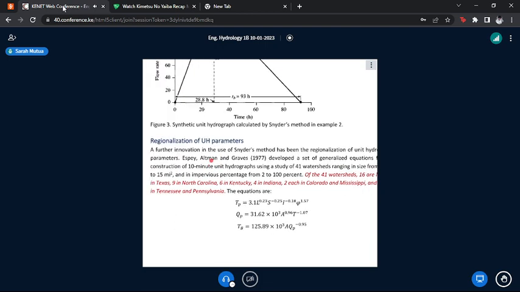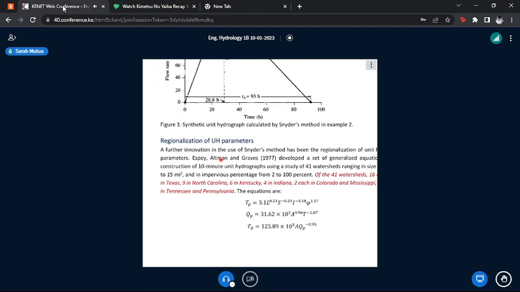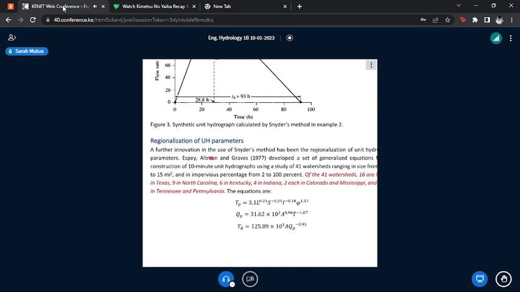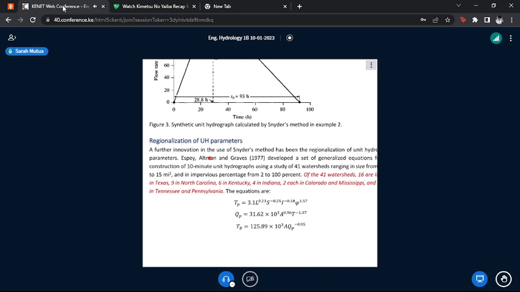I'll mention one thing about a modification of Snyder's unit hydrograph in an effort to regionalize UH parameters. This attempt was done a long time ago, in 1977.